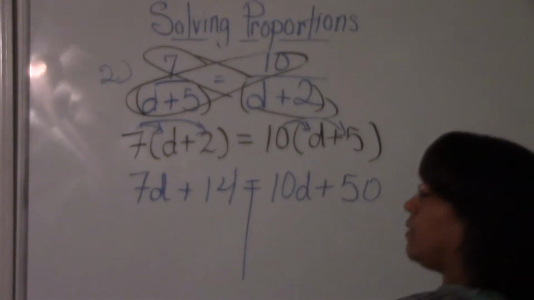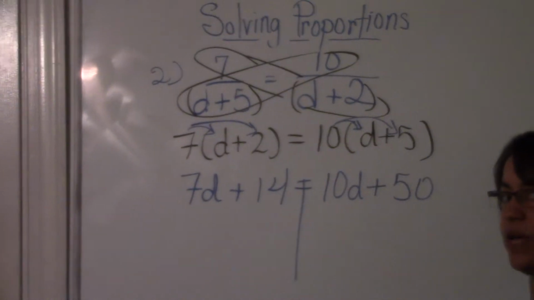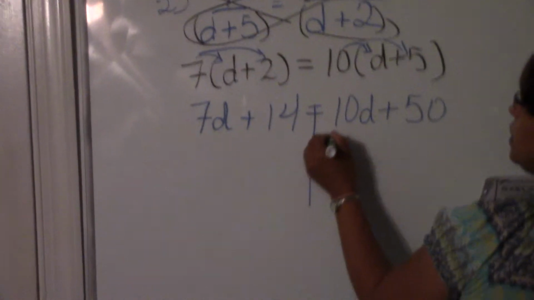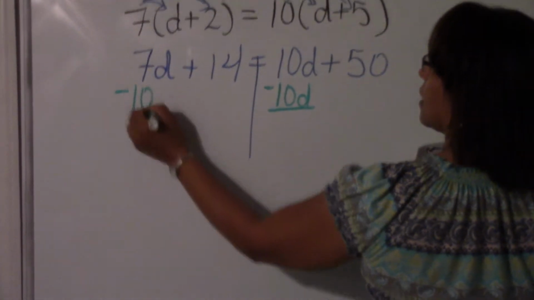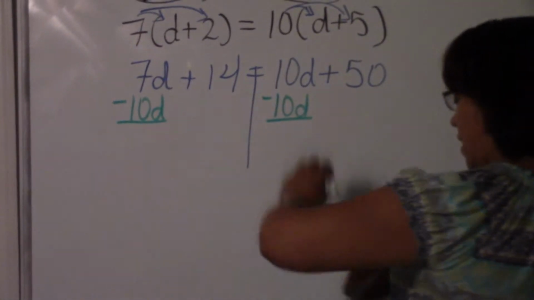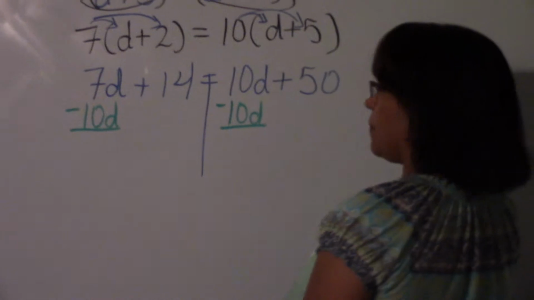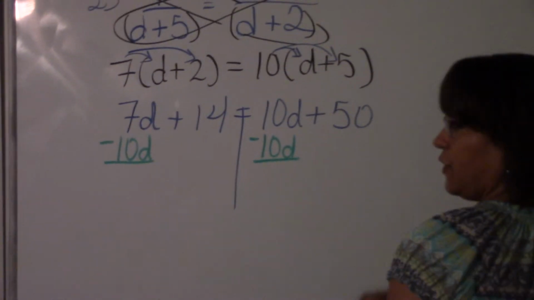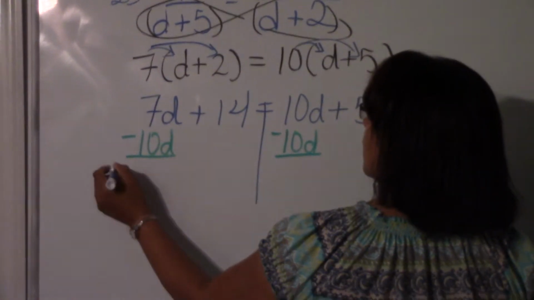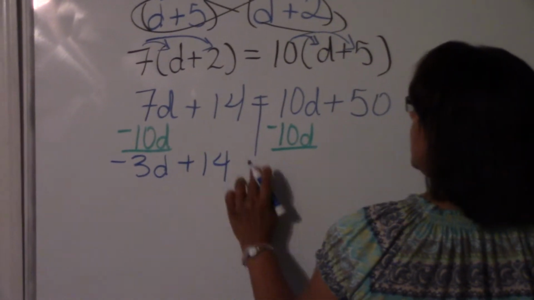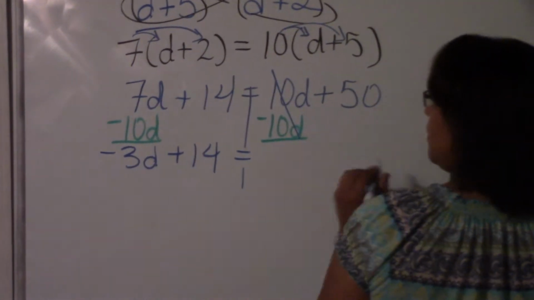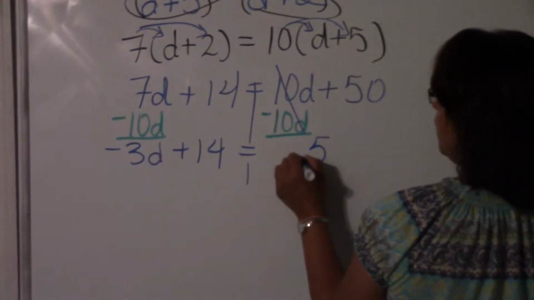I like to move my variables to the left side of my equation, but you do have choices here. So we're going to move 10d, and let's see what we end up with. We end up with negative 3d plus 14 is equal to, 10s have gone, so we bring down our 50.